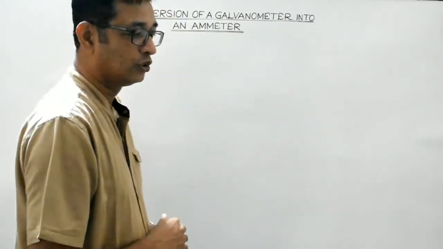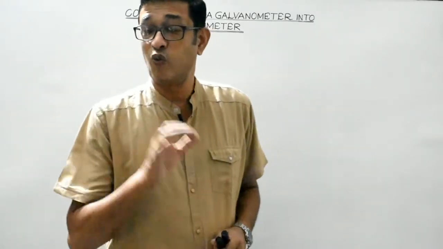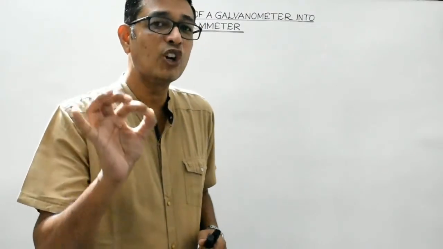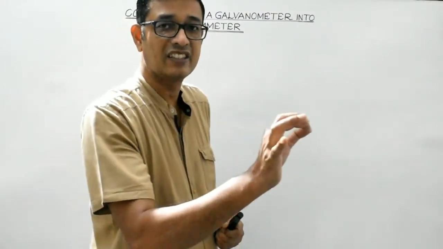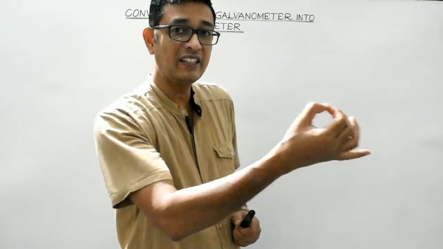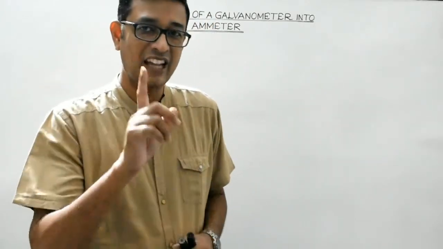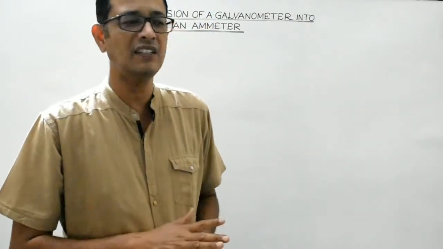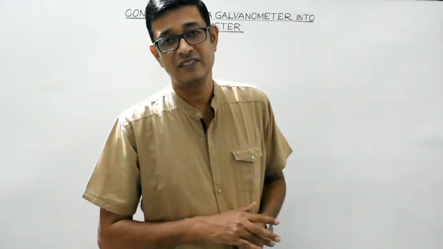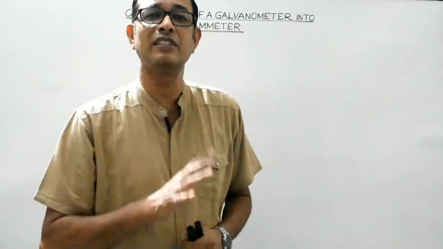Right? So students, why can a galvanometer not be connected in an electric circuit to measure current directly? The answer lies in the fact that a galvanometer is a very sensitive device.